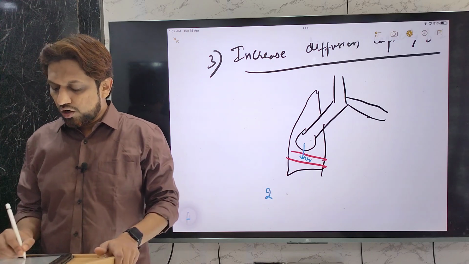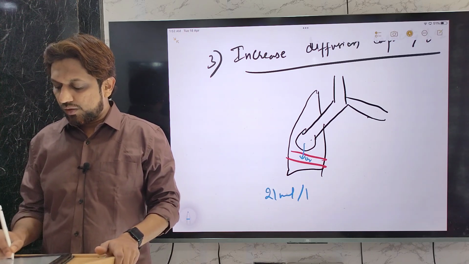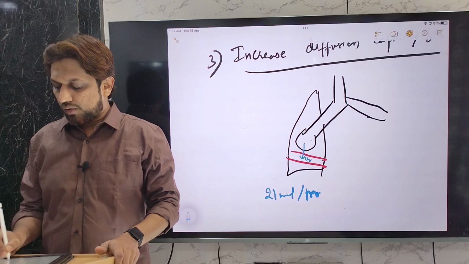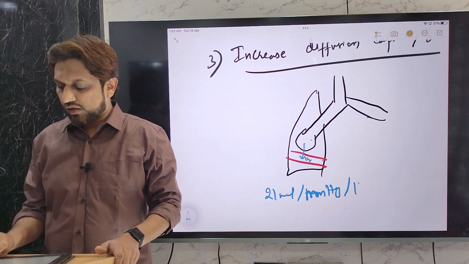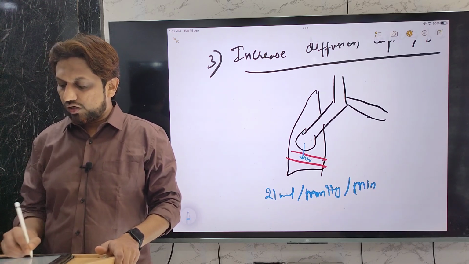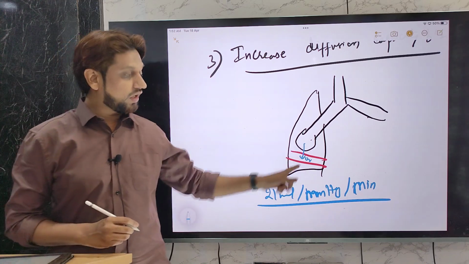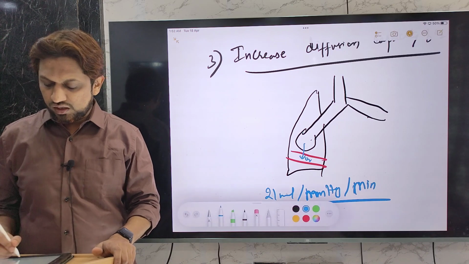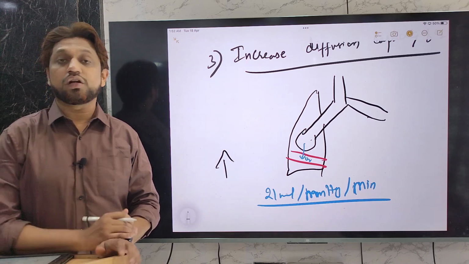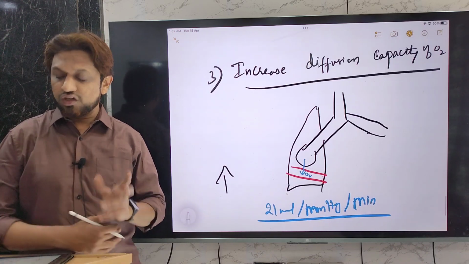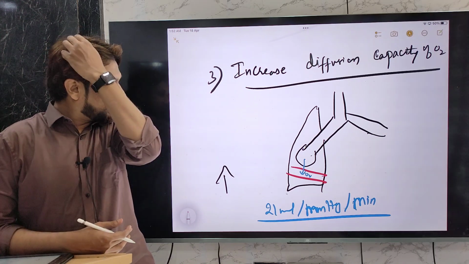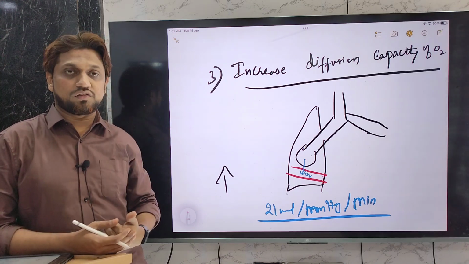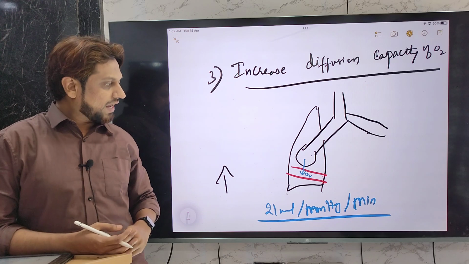Normally around 21 ml per millimeter of mercury per minute is the normal diffusion capacity of oxygen across the respiratory membrane. This diffusion capacity is increased at high altitude. How does this increase come about?